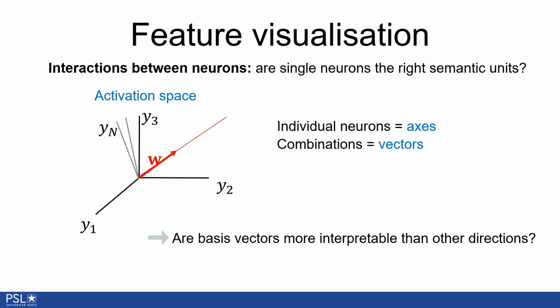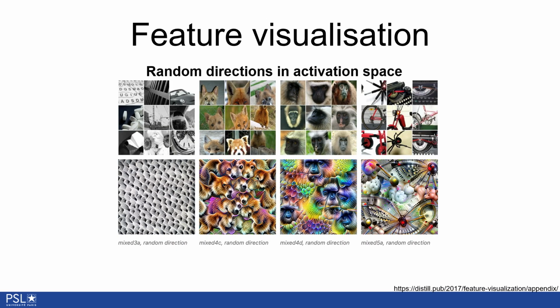In his study, Chris Olah did this first by looking at random directions in activation space and optimizing inputs to maximize the activity along these random directions. This figure shows a couple of examples for random directions with different layers of the network shown in different columns.